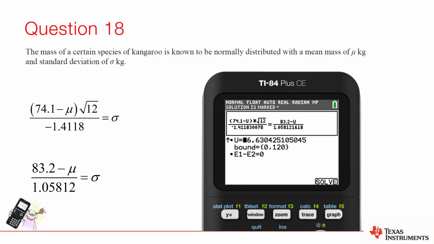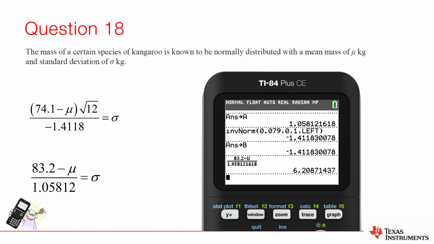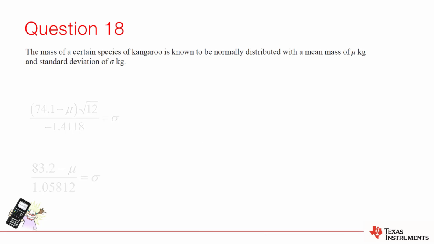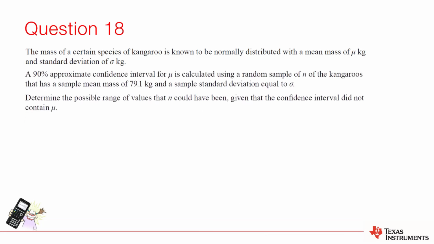Now my value for mu is 76.6304 and it's automatically stored in U. Substituting that back into one of my previous equations, I get sigma equal to 6.2087, which I'll store in S. Now let's have a look at the next part of the question.